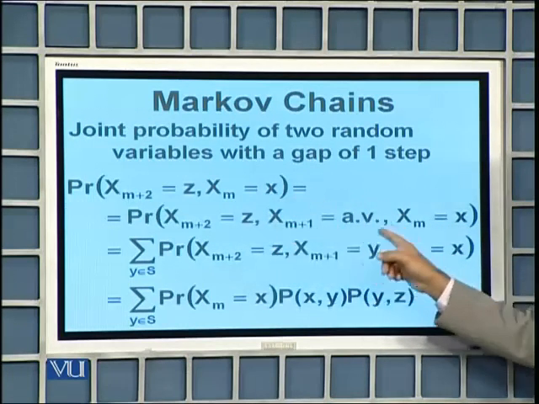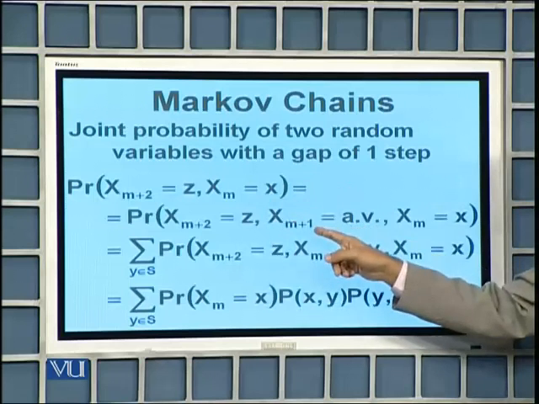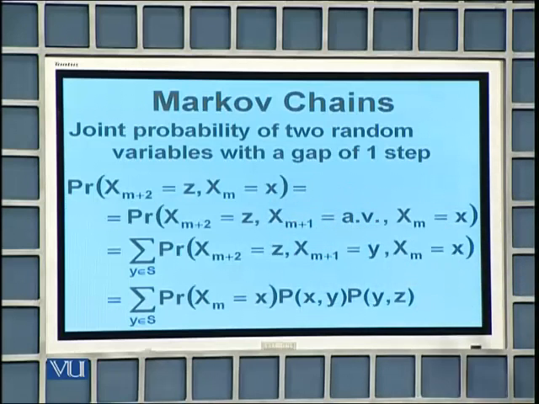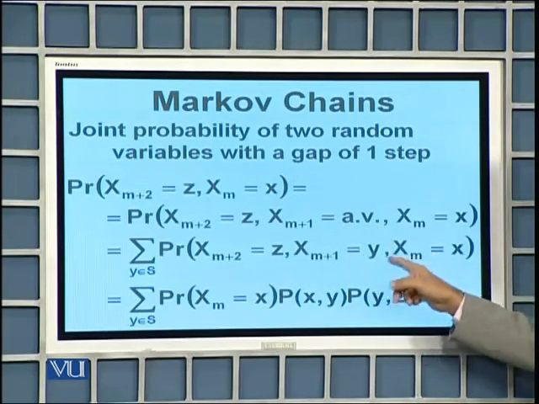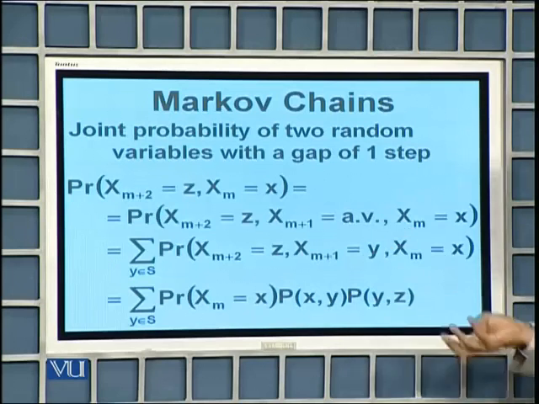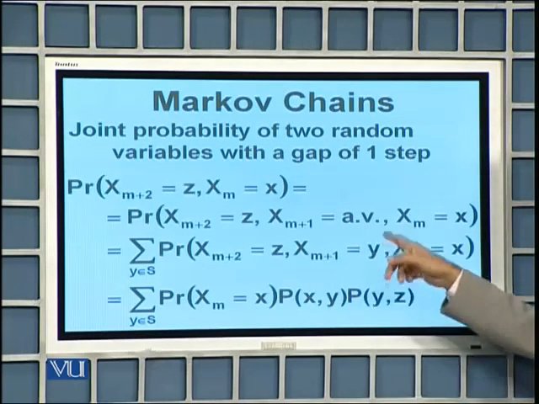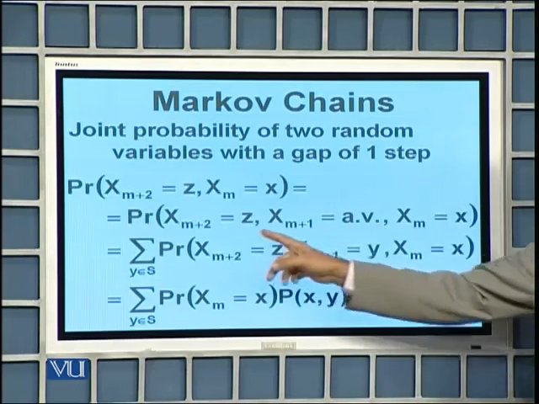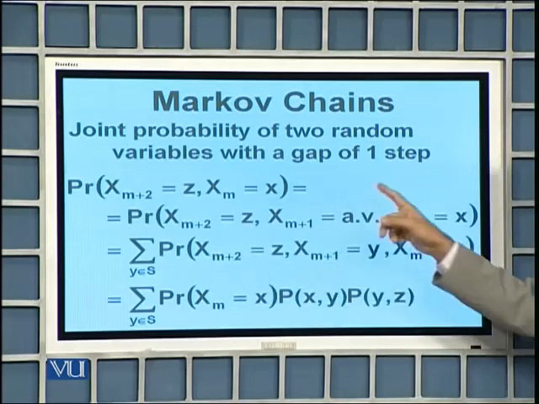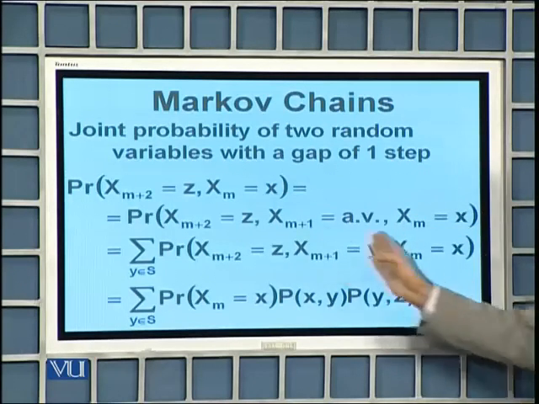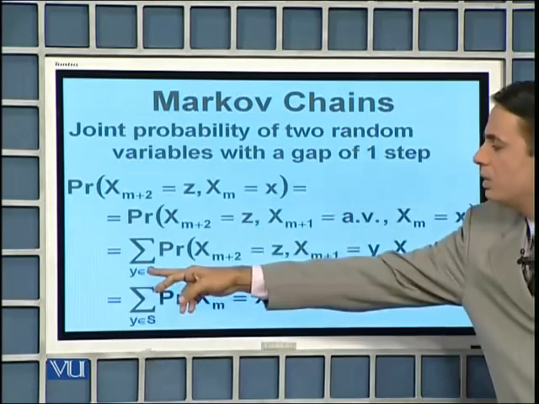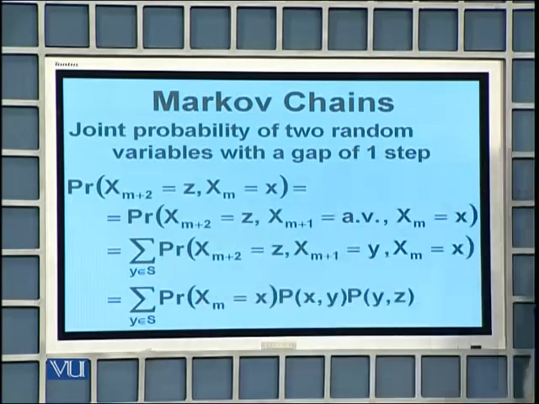Now the partitioning is based on Xm+1 taking on all its possible values. So if Xm+1 takes on a value y, and y can be 0, 1 or 2 in the case of that device which breaks down, or for other random variables it represents the whole state space, then you have to add such probabilities for all possible values of y belonging to the state space.